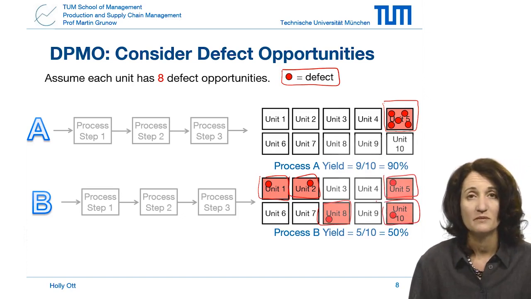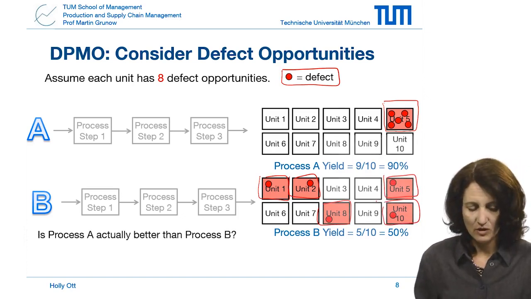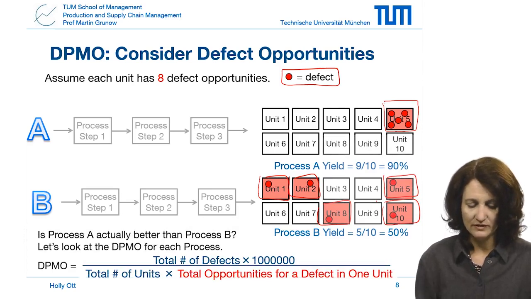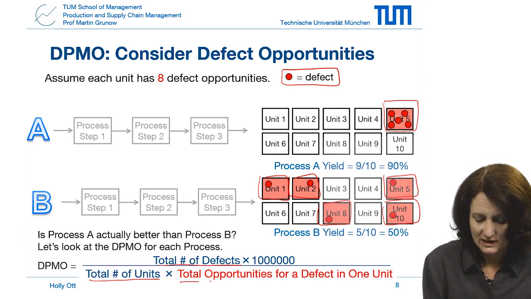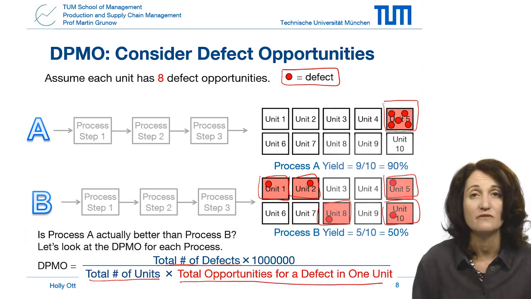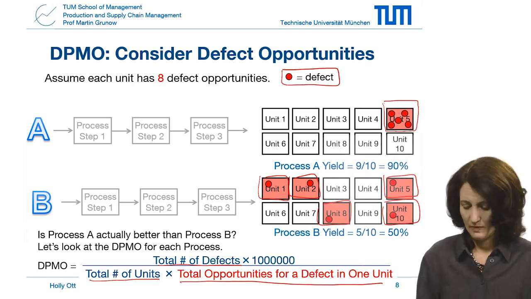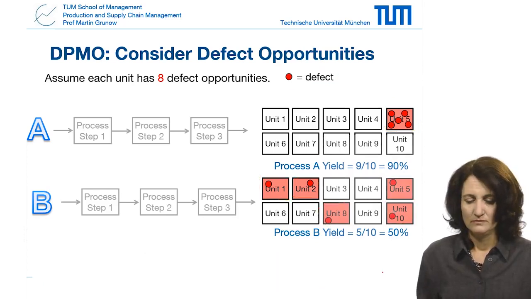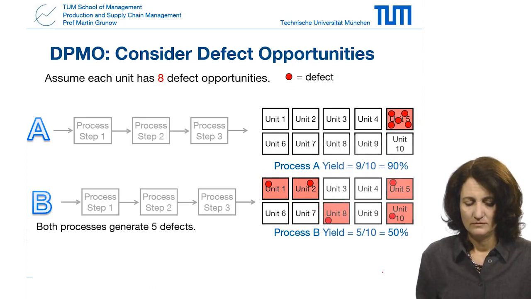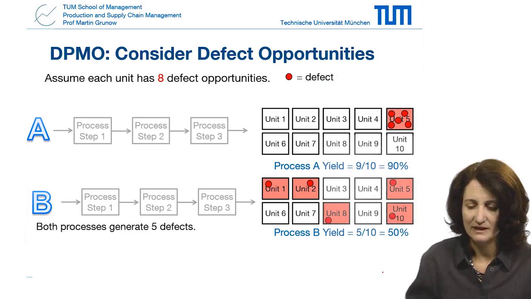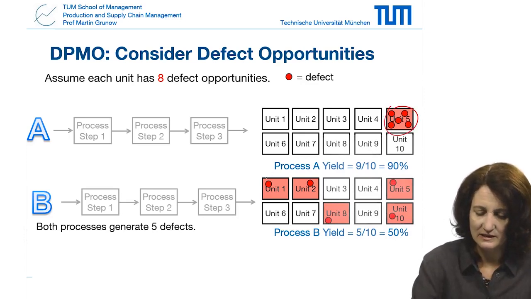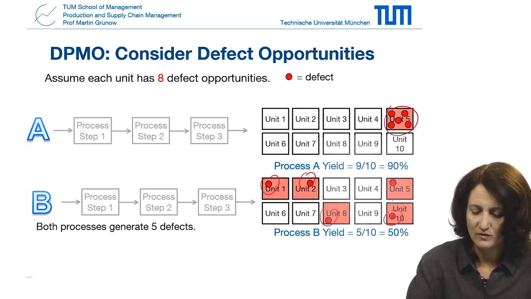So if you look at the DPMO for this, don't forget DPMO is the total number of defects times 1,000,000 divided by the total number of units times the total opportunities for defect in one unit. Both processes are generating 5 defects. Here are 5 defects, and here are 1, 2, 3, 4, 5.